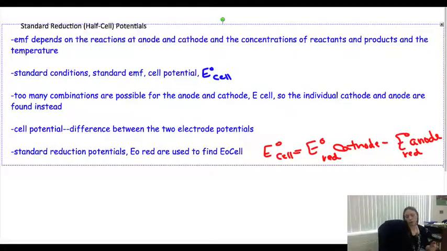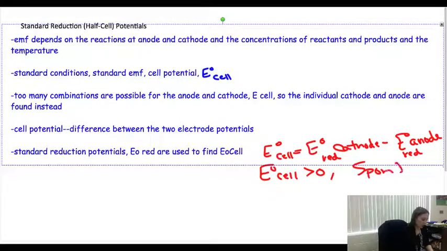So if you're going to find the overall potential for a cell, the anode and the cathode, we take the cathode minus the anode, and we use the reduction potentials for each. Even though one is reduced and one is oxidized, we use the reduction potentials because we always use them in the form of something being reduced. And again, if your E naught for your cell is greater than 0, we're looking at something that is spontaneous.